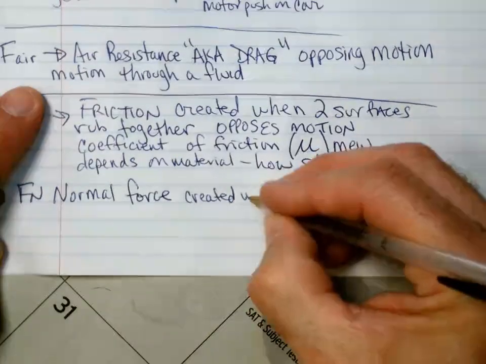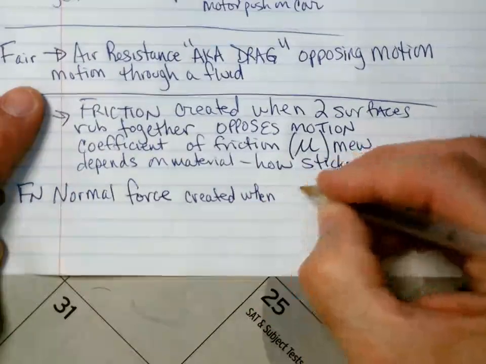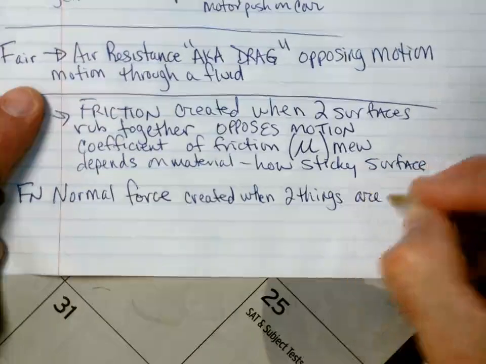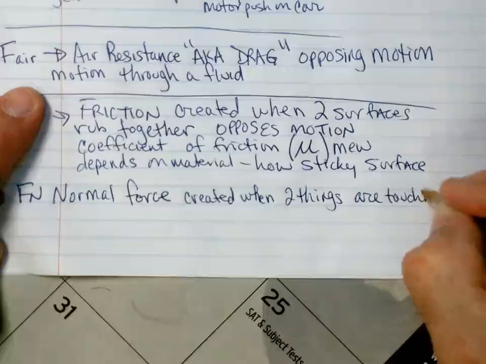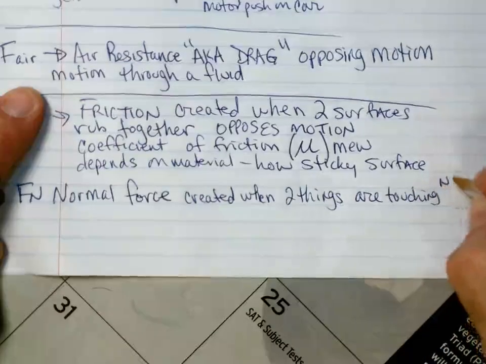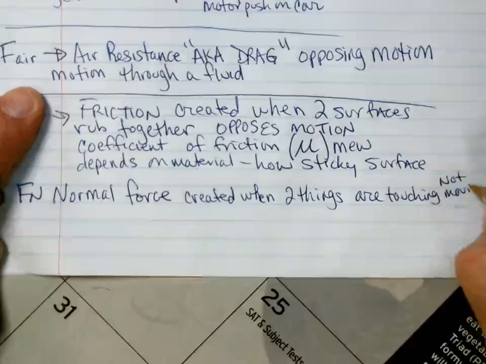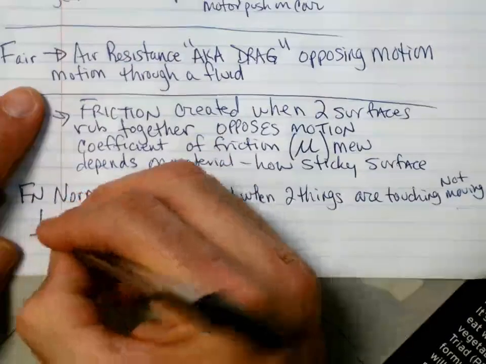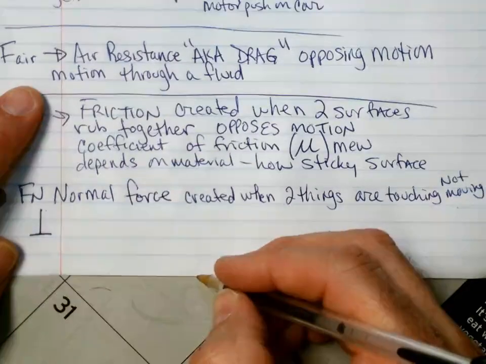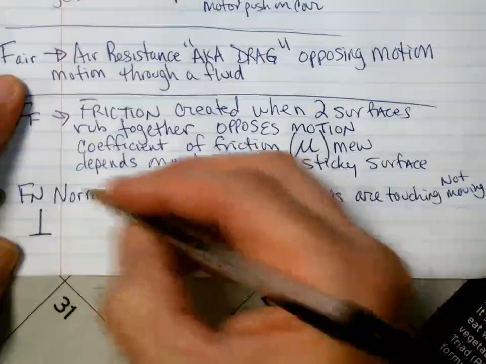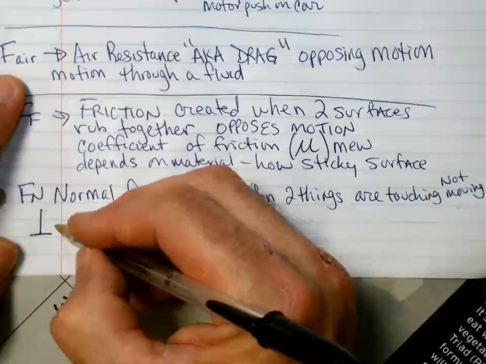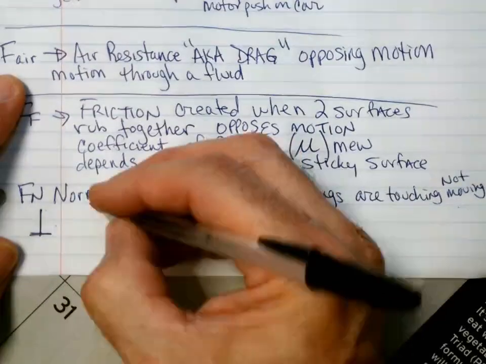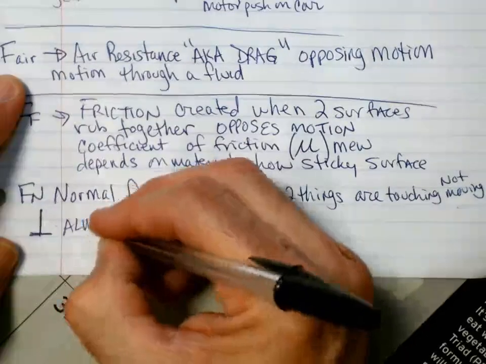And it's created when two things are touching but not moving. Okay, this is the math symbol for perpendicular. It looks like an upside down T. So that's the symbol for perpendicular.